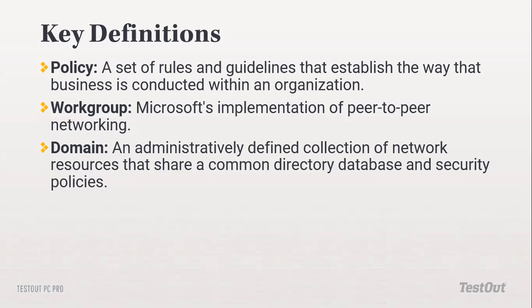On the other hand, a domain is an administratively defined collection of network resources that share a common directory database and security policies. It is contrasted to work groups by some specific features. This is just to let you know that a domain is that which is implemented in an organization or an administrative environment which is larger than a work group, because I think you can only do peer-to-peer when there are few people.